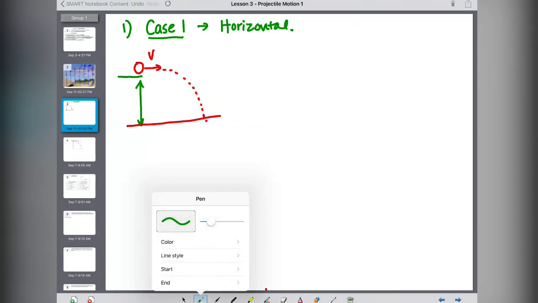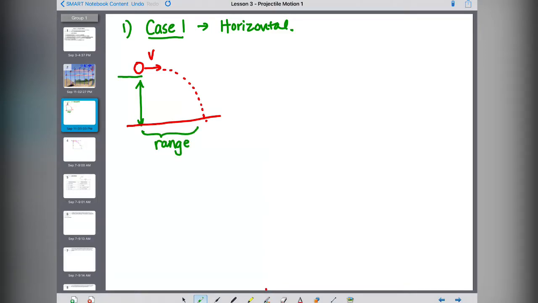The term that we use a lot of the time is, we would call this the range. The range is basically how big the displacement is along the x direction.